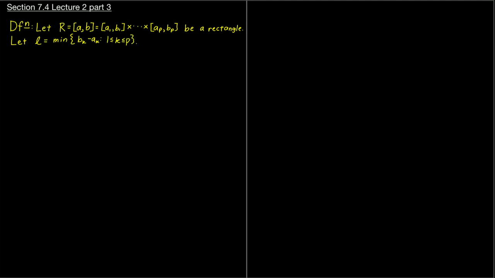And then if the longest side, or we can put it a different way, every side, is at most twice the shortest side, we're going to call those nice rectangles.